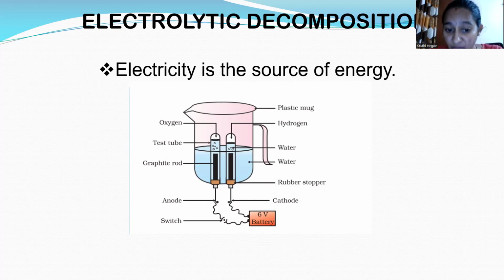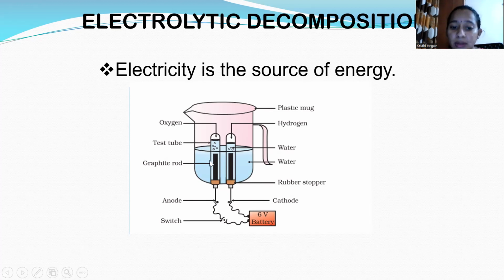Okay, dear children, one thing you need to remember, in the battery, whichever side is connected to the negative terminal, you can see the symbol here, it's given negative. It may not be much clear for you, but here this terminal is negative. The rod connected to the negative terminal is called the cathode, and the graphite rod connected to the positive terminal is called the anode.